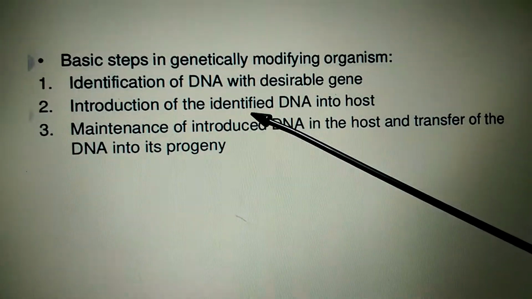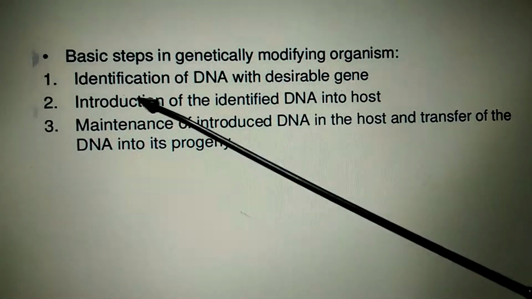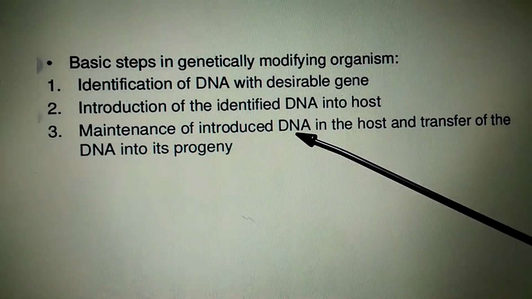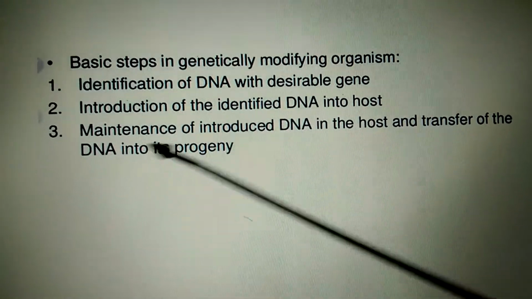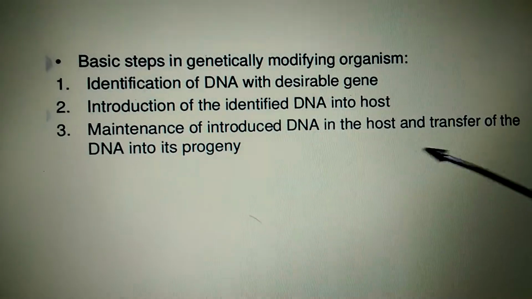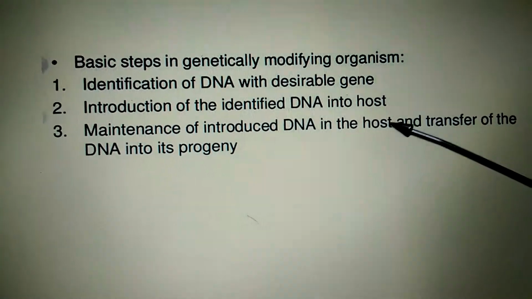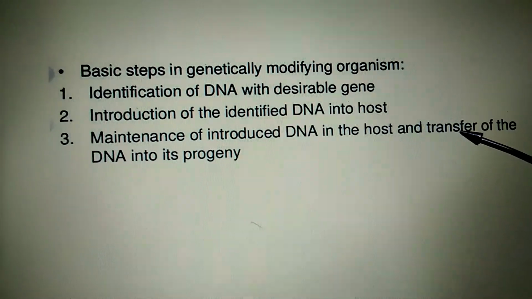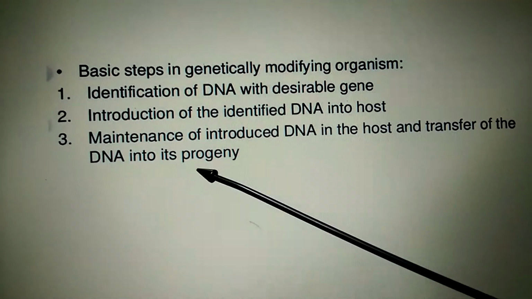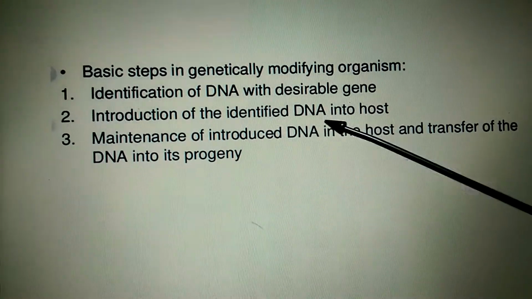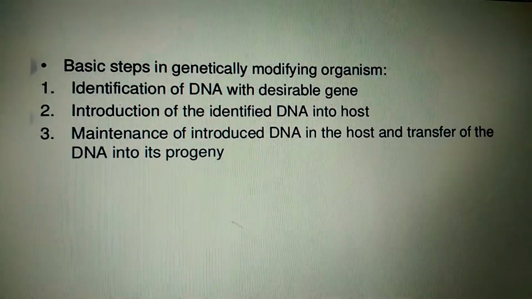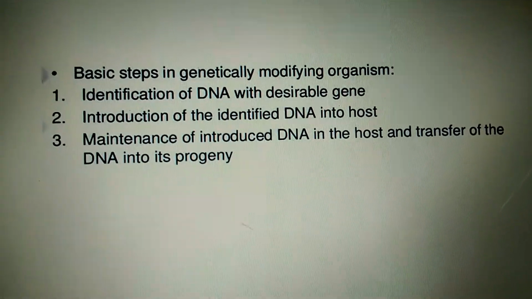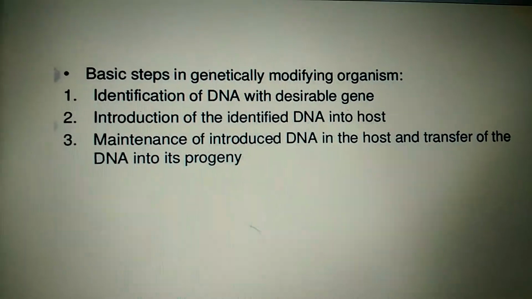Then that identified gene needs to be introduced into the host, where the introduced gene or the DNA is maintained in the host and multiple copies are formed, and after that it is then transferred into the progeny after the process of replication. So these are a few important steps that are involved in the formation of genetically modified organisms.